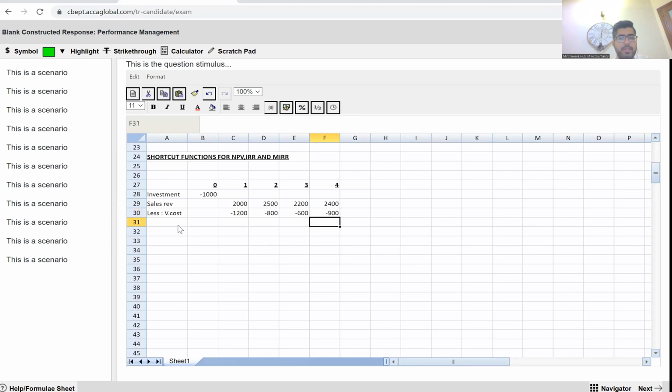Then you deduct fixed cost. Let's suppose your fixed cost in year 1 is 300. Year 2 fixed cost is 500. It's a step, let's suppose, then 700, and then 900.